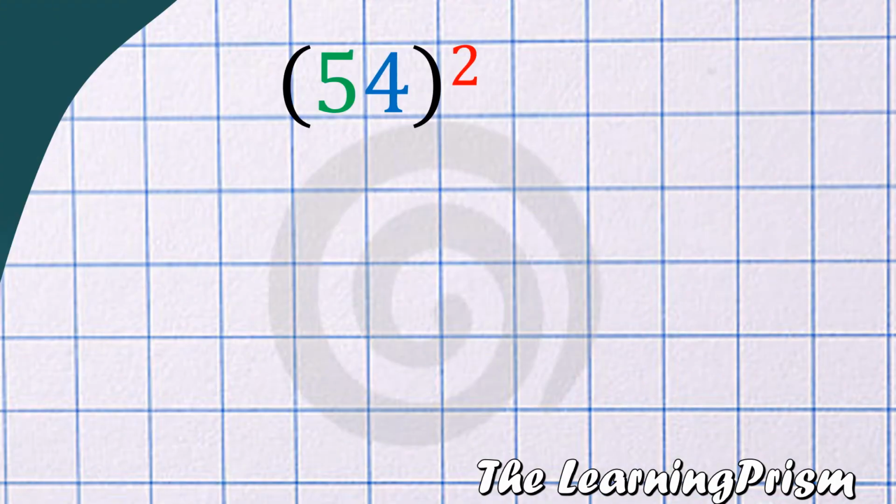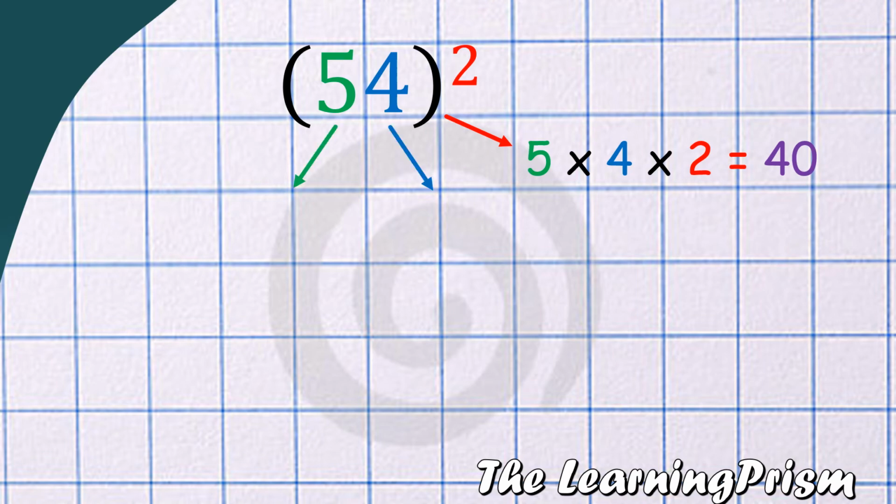So here in this example, we need to find the square of number 54. So first thing would be we need to multiply all the numbers we can see on the screen. So I can see 5, 4 and 2. So 5 multiplied by 4 is 20. 20 multiplied by 2 is 40. So the next thing is, do you remember? Yes, we need to find the square of the numbers inside the bracket in two digits form. So the square of 5 would be 25 and the square of 4 would be 16.